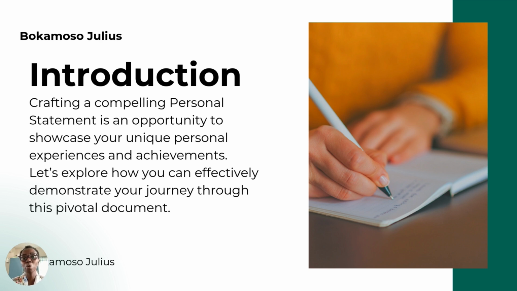Basically, you need to look back in your life, reflect on your journey, and try to see how your journey has brought you to where you are right now. And then you can write a story about that, relating the story to the program or the scholarship that you are applying for. Remember, everything should always go back to the program or the scholarship that you are applying for, but it has to be personal.